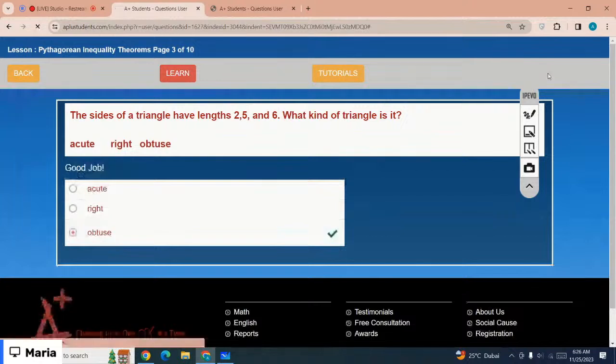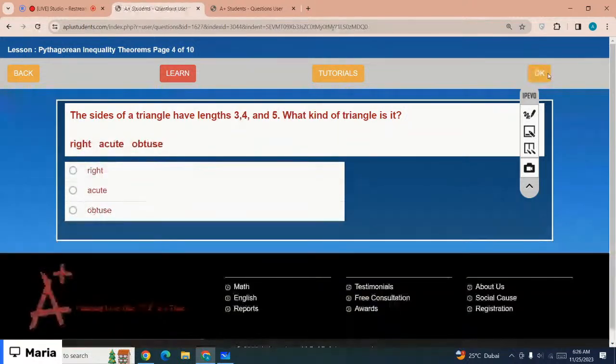Okay, the next one you have to check. The sides of the triangle have lengths 3, 4, and 5. What kind of triangle is it? Which is the correct option? The correct option is this is a right angle triangle.